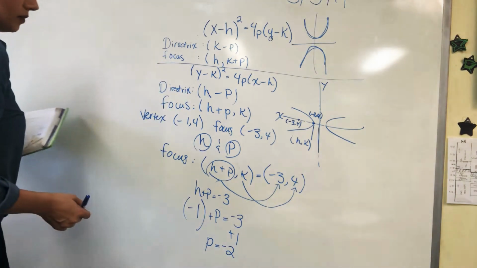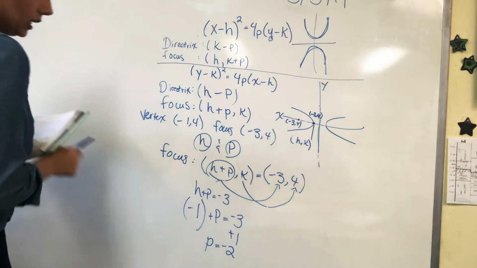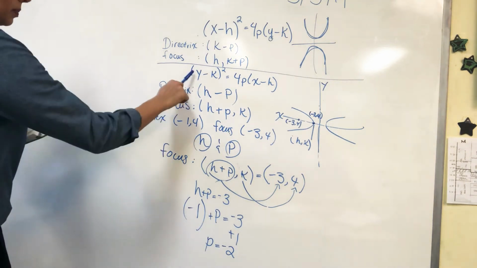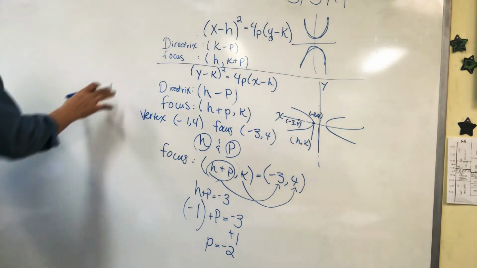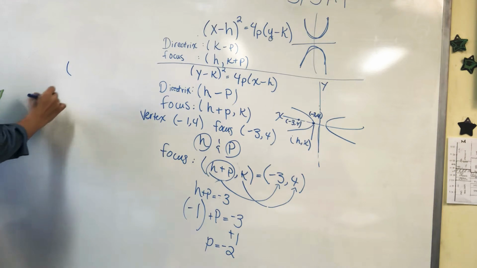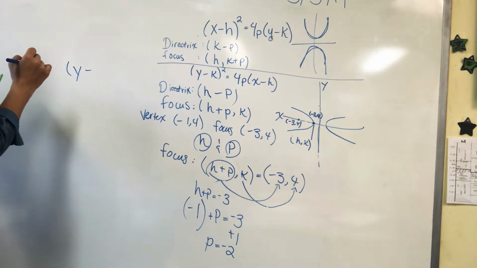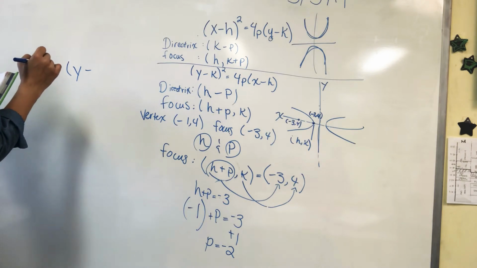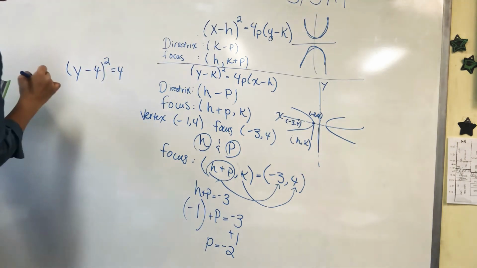Okay, -2. All right, so we've got our H, we've got our P. All we're going to do is plug this into here. Y minus, what's my K? 4. What's my P?